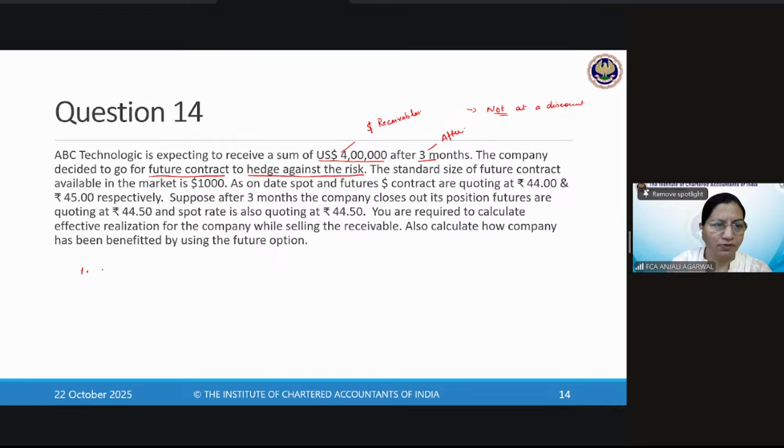So first thing in future contract is that there is a contract size because of which the number of contracts may come in fraction. So you have to take a decision, you have to take a call. How many contracts you want to buy.